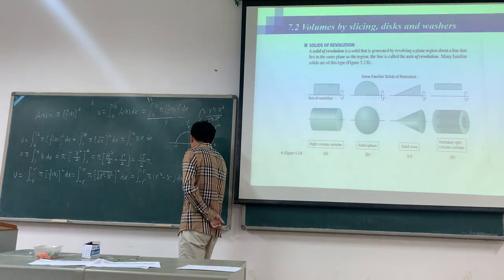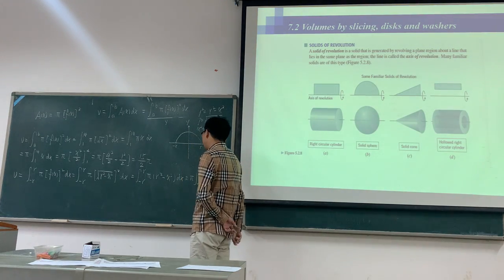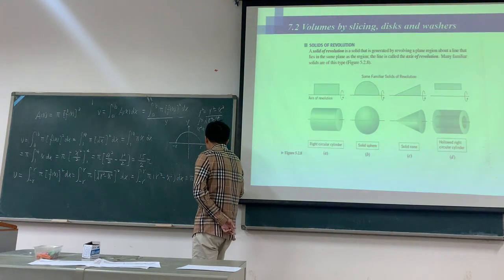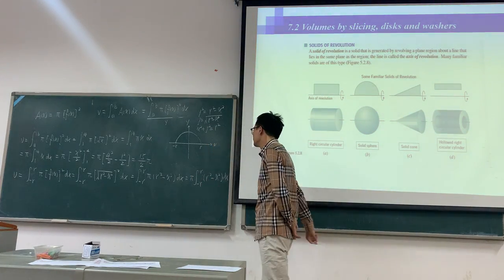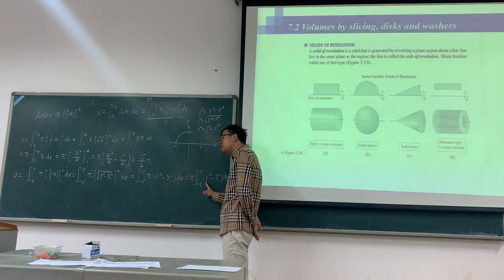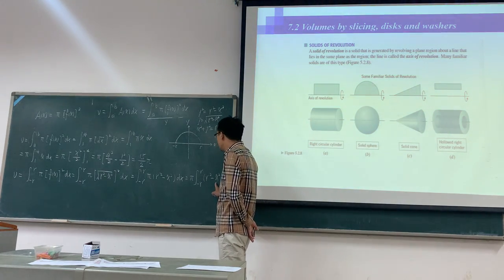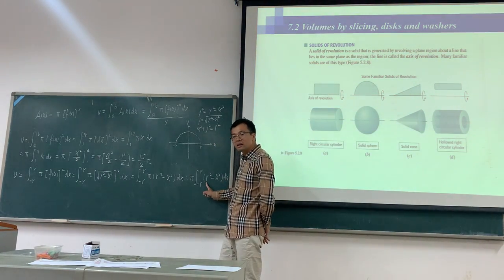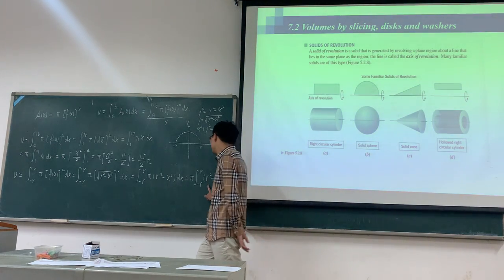So this equals pi times the integral from minus r to r of (r squared minus x squared) dx. Now we need the antiderivative of r squared and x squared. r squared is a constant. What's the antiderivative of a constant?